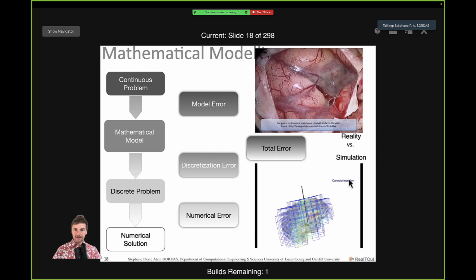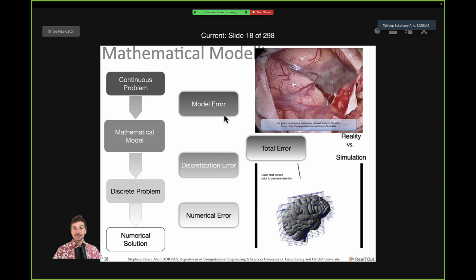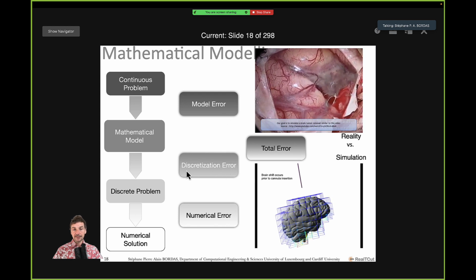between reality and simulation? And typically that's what we see. We see only this difference between reality, which is this brain, and simulation, which is this overly simplified version of the brain with lots of assumptions on the material model, the boundary conditions, the forces applied, and so on. So we see only the total error, but what we would really like to do is to see the decomposition of this error into the discretization error and the model error.